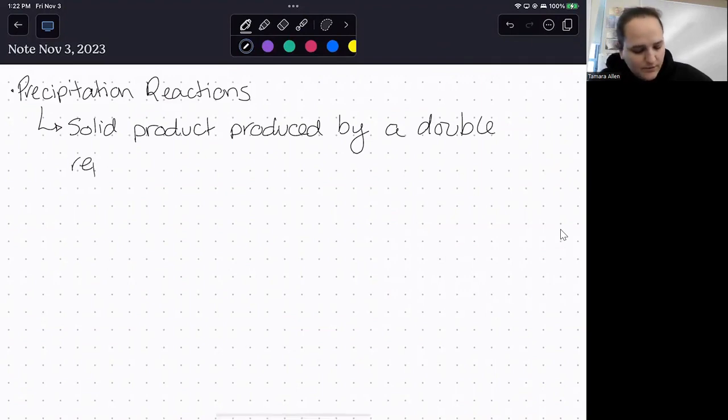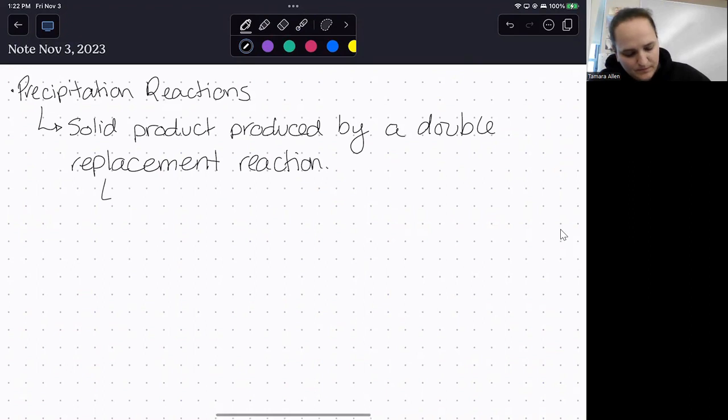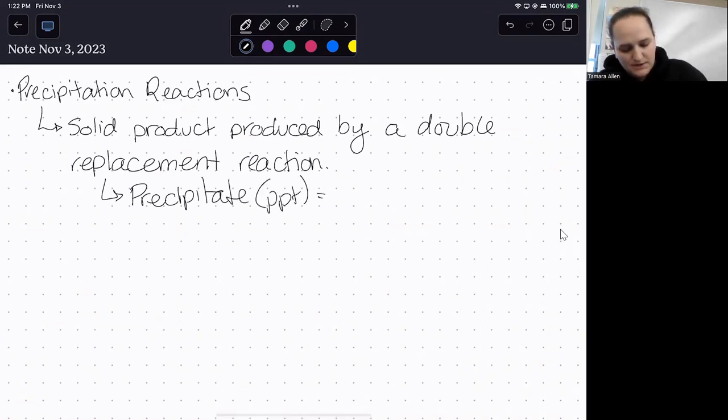And the solid product itself is what we call the precipitate. Precipitate is commonly abbreviated PPT, so you might see me use that.